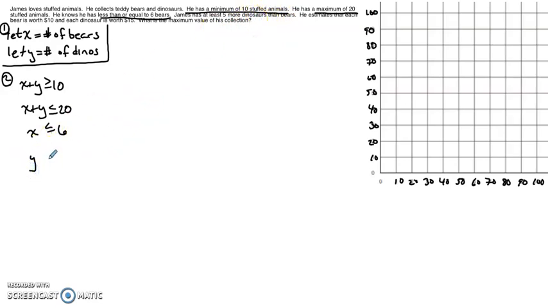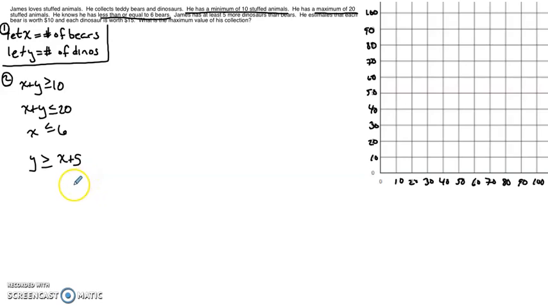We're comparing y, dinosaurs, to x, bears. At least means greater than or equal to. 5 more means plus 5. He has more dinosaurs, which means our plus 5 doesn't go with the dinosaurs. It goes with the bears, the one we have less of. So x plus 5.